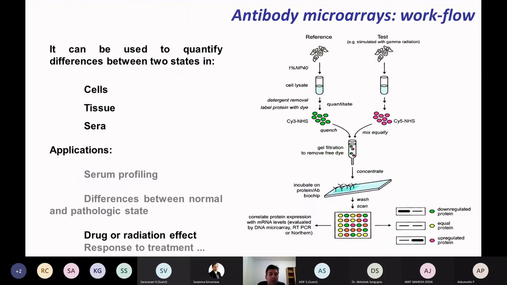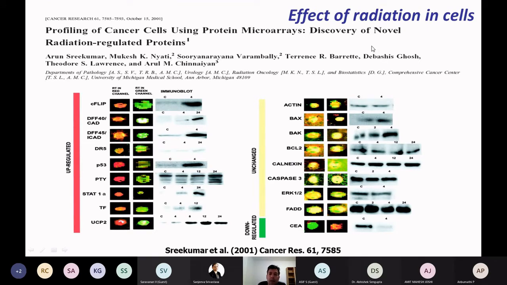Other applications are related to drug or radiation effect; this scheme is related to this application. The first study analyzing these situations was performed by Arul Chinnaiyan in the early 2000s in Detroit, Michigan, using antibodies related mainly to the cell cycle.